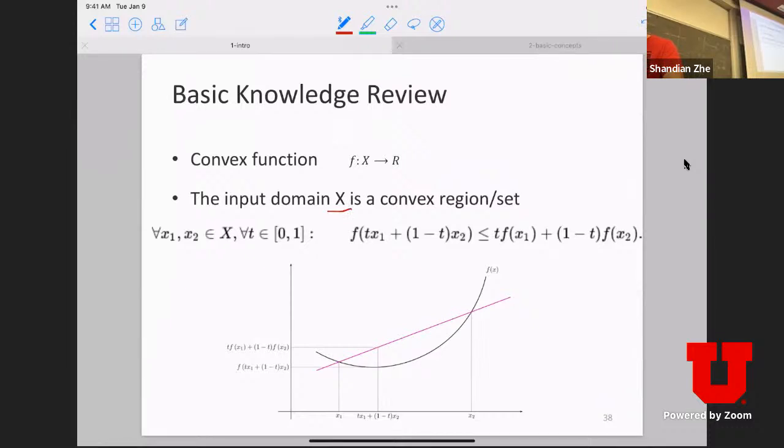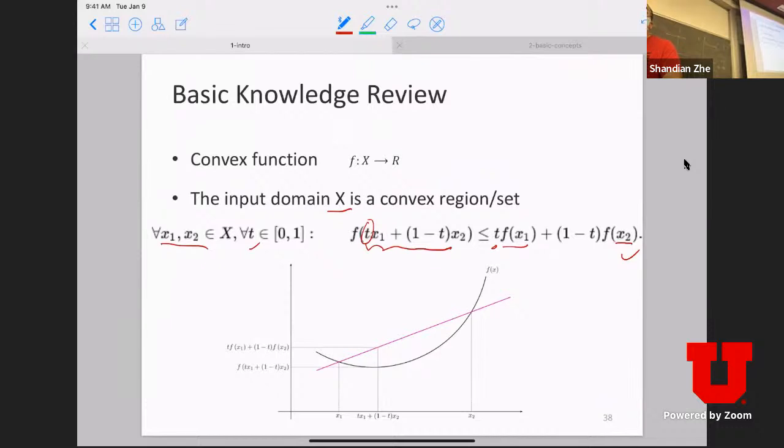And if for arbitrary 2 inputs in your domain and arbitrary combination coefficient t, your function satisfies this inequality: when you evaluate the function at the combination of these 2 points, x1 and x2, in terms of t, this function value is smaller than or equal to the combination of the function values at these 2 inputs, according to t as well.